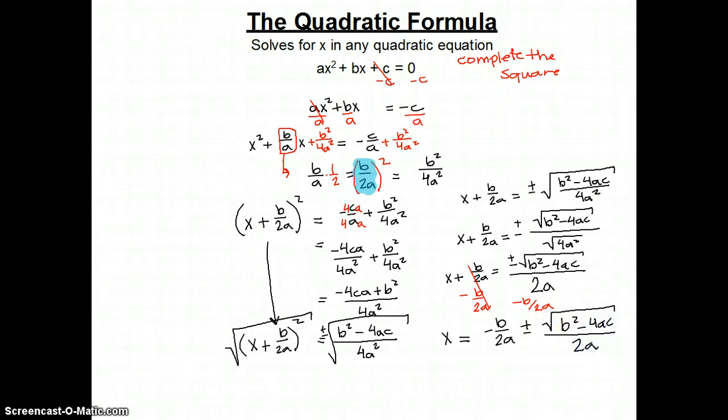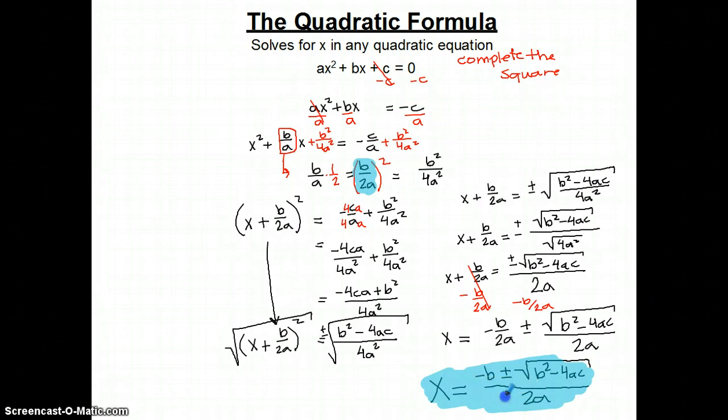Now the only thing we have left to do is, since these have the same denominator, combine them together. So x equals negative b plus or minus the square root of b squared minus 4ac all over 2 times a. And this is your quadratic formula. So long as your equation is set equal to 0, you may apply this formula to solve for x.